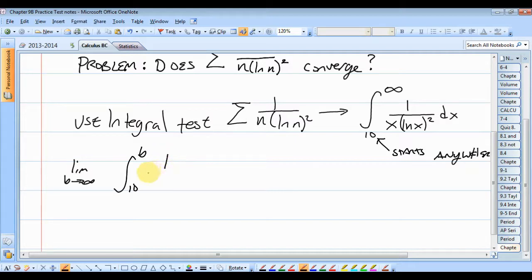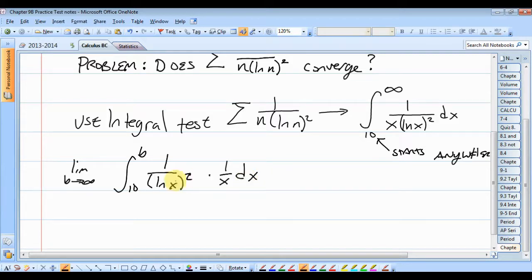Okay, I'm going to rewrite this as follows for reasons which might become clear later. Verify for me, is that the same thing that we started off with? Same thing? Okay.